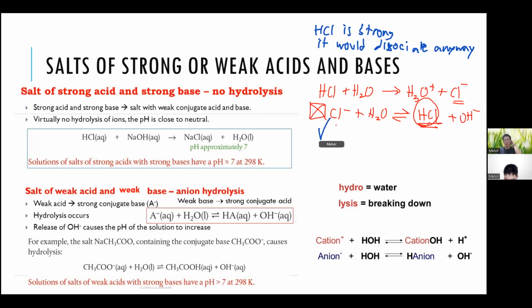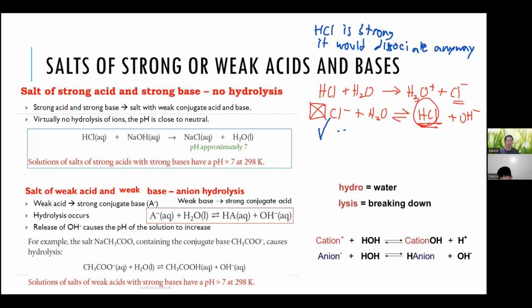So hindi yan. So yung hydrolysis, ibig sabihin, yung mga conjugate bases and conjugate acids of strong acids and strong bases, respectively, they will not form back the strong acid nor strong base, no?